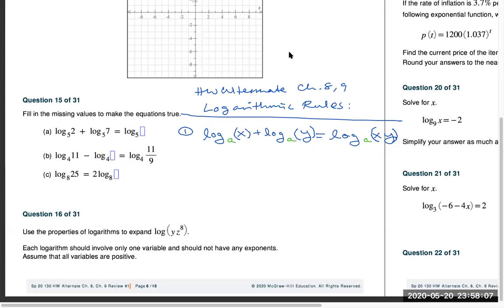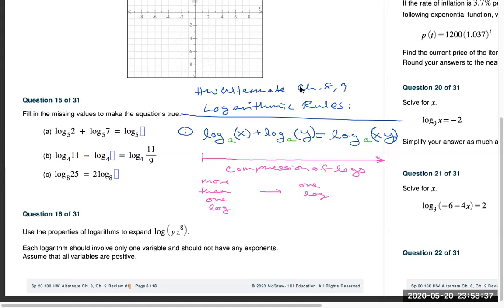Okay, so one more thing, different color code here. When you have this side of the equation and you're looking for the other side, this is called compression of logs. That means you have more than one log, and the goal is to get to one log.